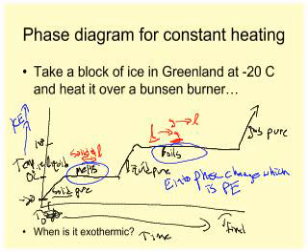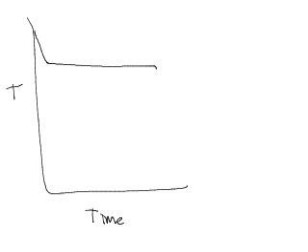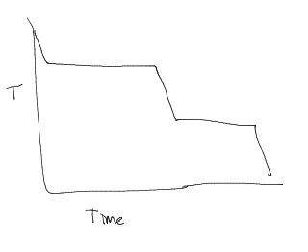I'm going to draw another quick little one of these things. And I mean very quick. The only difference is I'm going to start at hot and go to cold. Okay, so again, this is temperature, this is time, so this would be cooling something. And so again, this would be a gas, this would be a liquid, this would be a solid, this would be condensing, and this would be freezing.